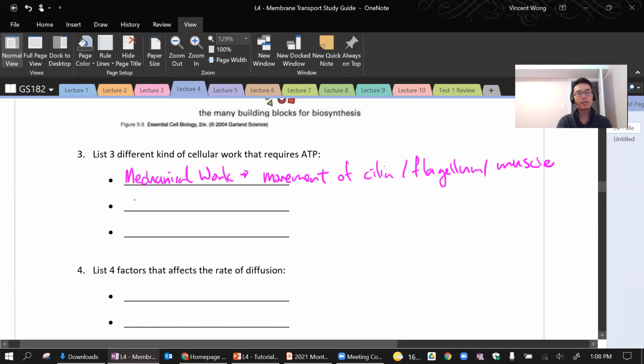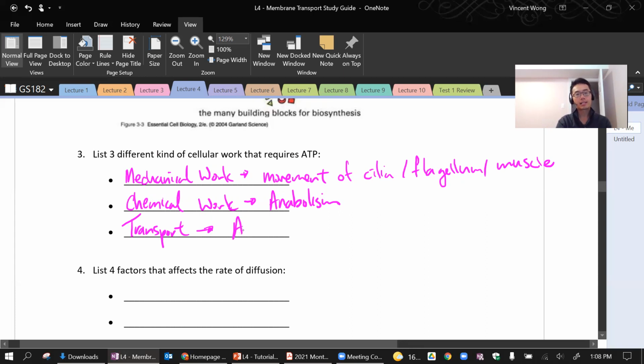We also need ATP for chemical work. Just like we mentioned earlier, for anabolism, building molecules, you need ATP for that. And then the last thing is transport. Okay?